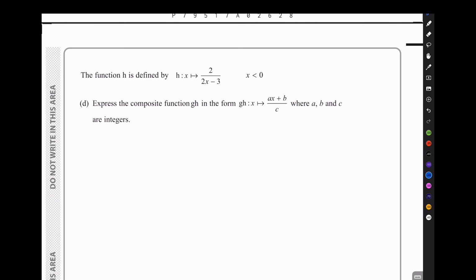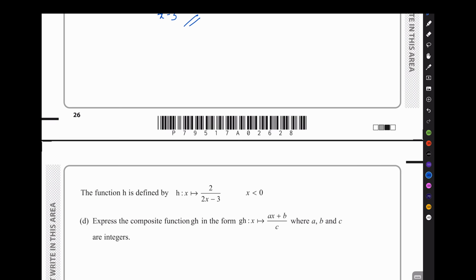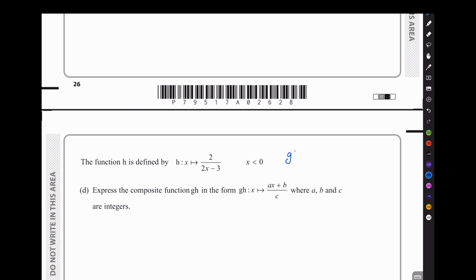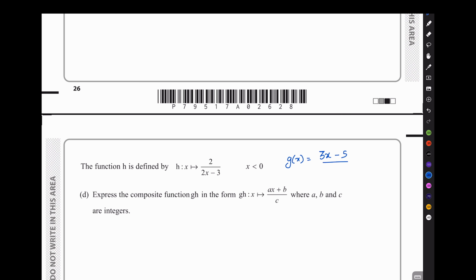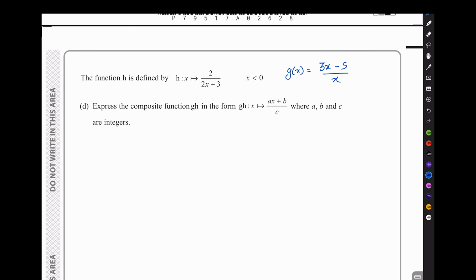So yeah, just rewrite g of x right here. g of x is 3x minus 5 divided by x. My target is to find g of h of x.